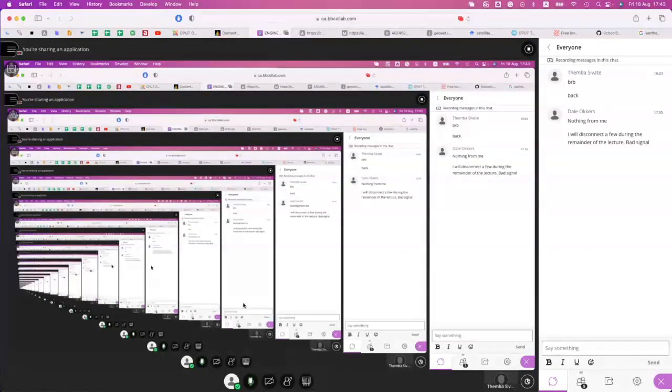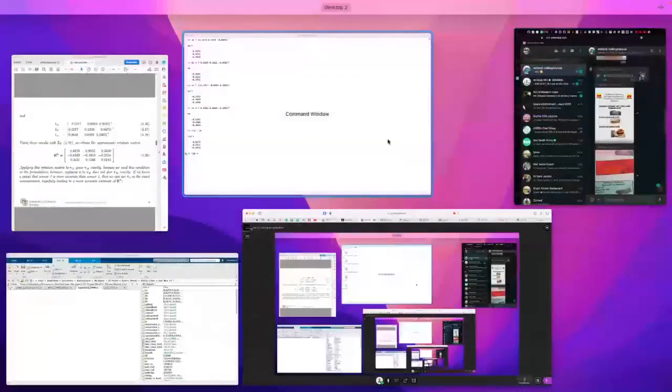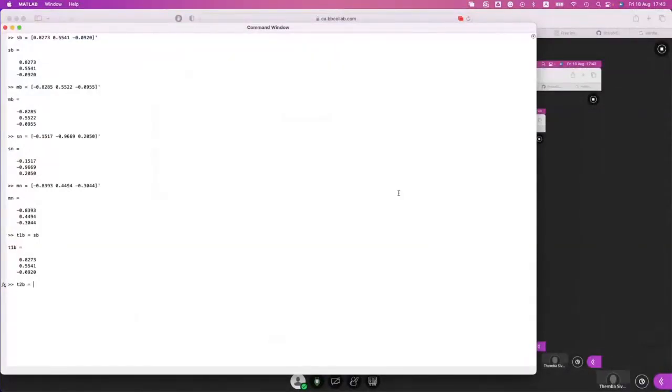We are actually towards the end of the class. Can we all see this? Yes. Okay, so let's do our SB cross MB. Let's call that SMB, would be the cross of your SB and your MB. That is it.